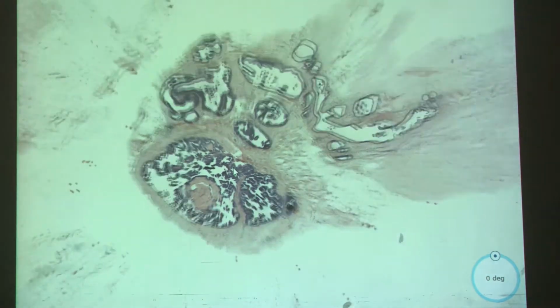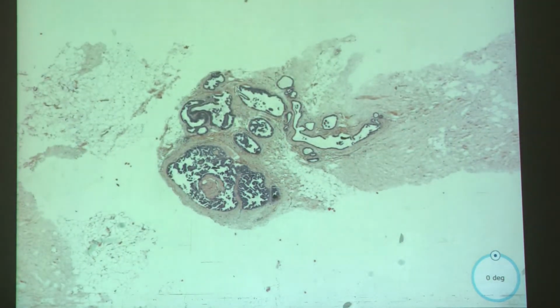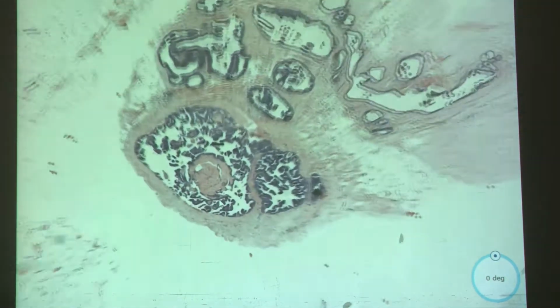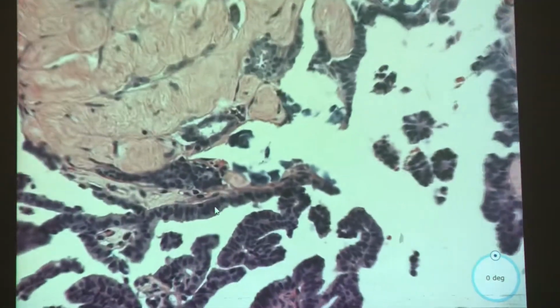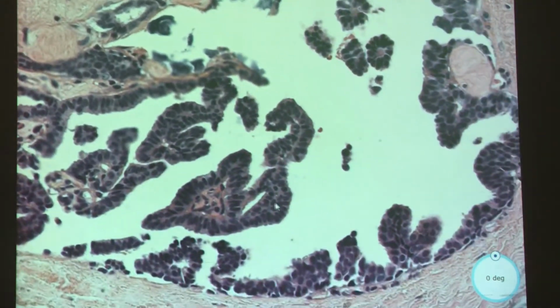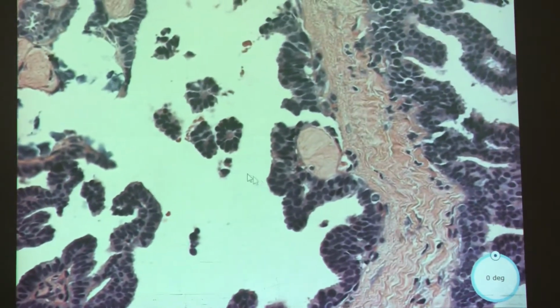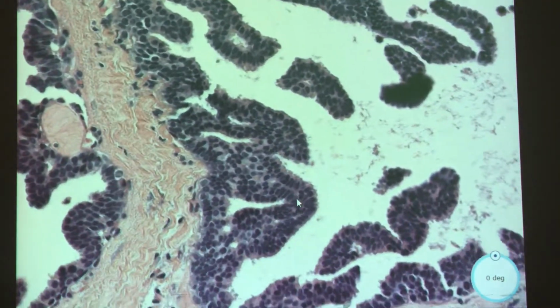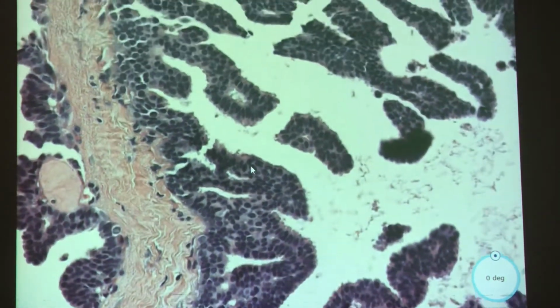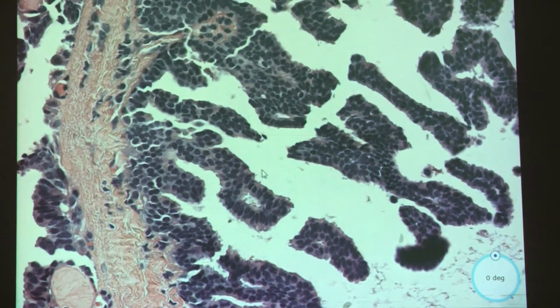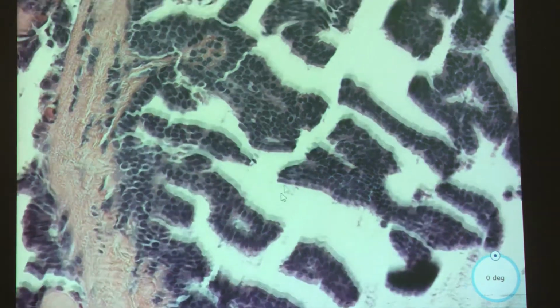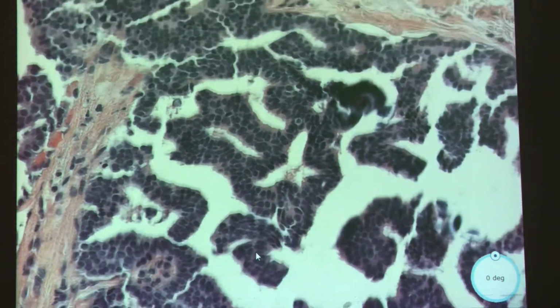Again, decently large, extending across. The cells do look pretty uniform, I would say. Maybe a little bit non-uniform, but it doesn't look benign. That's the key.